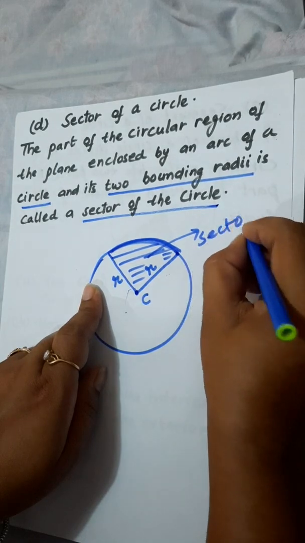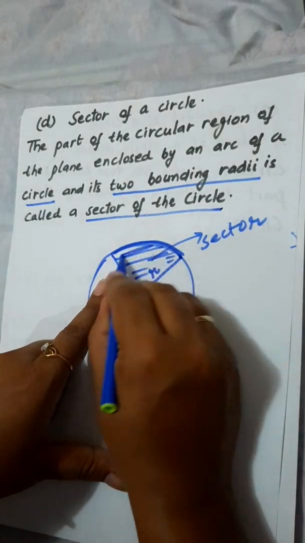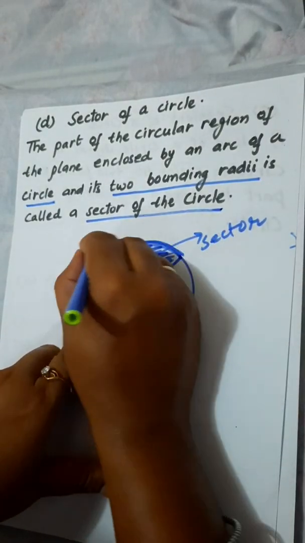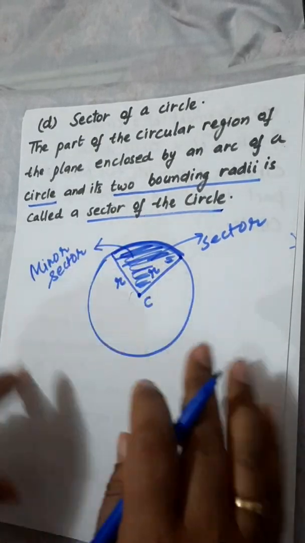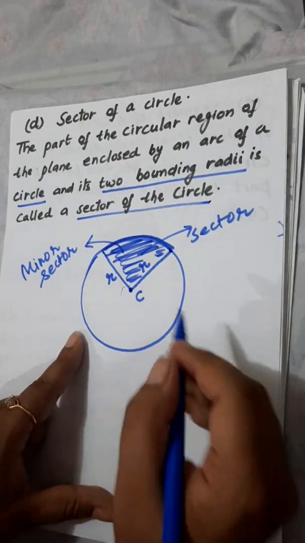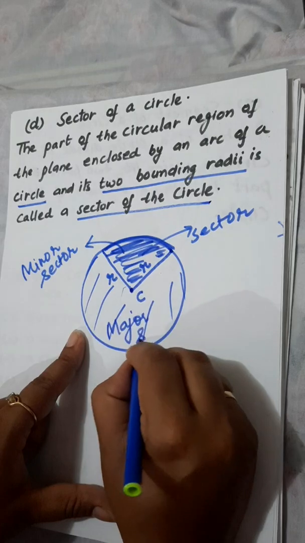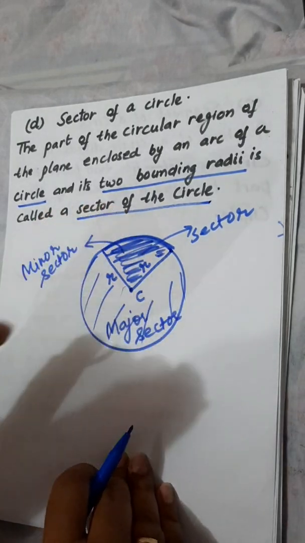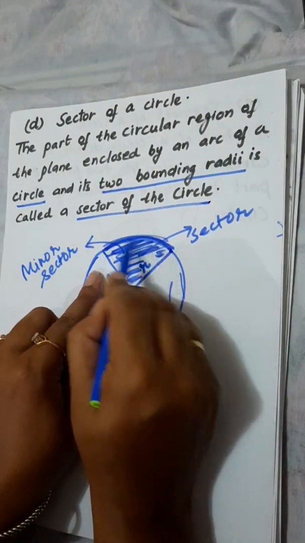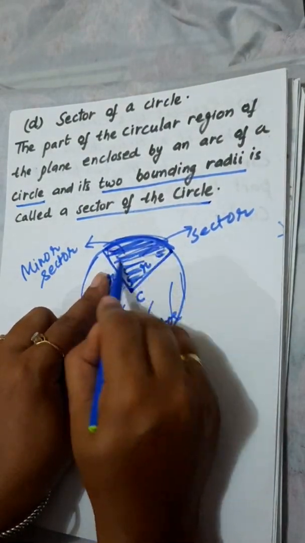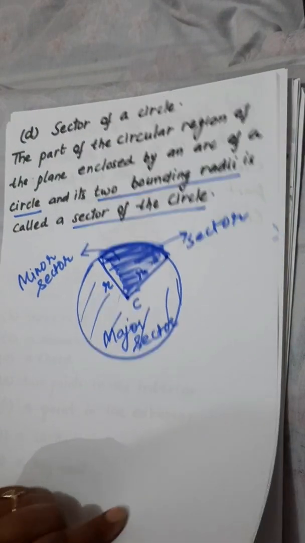Now this is the smallest, so we say this is the minor sector, as this is less than one half, and the remaining is the major sector. Basically, a sector is a part of the circular region of the plane enclosed by the arc and the two bounding radii. So this is your minor sector and the remaining is the major sector.